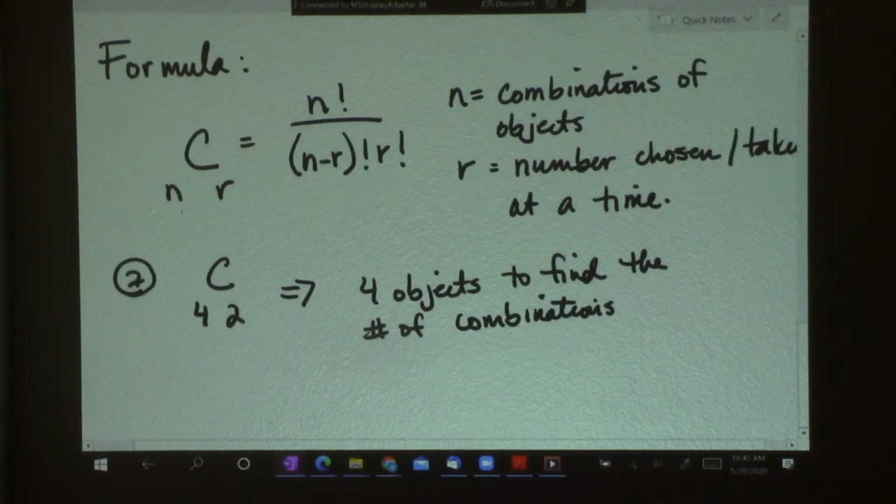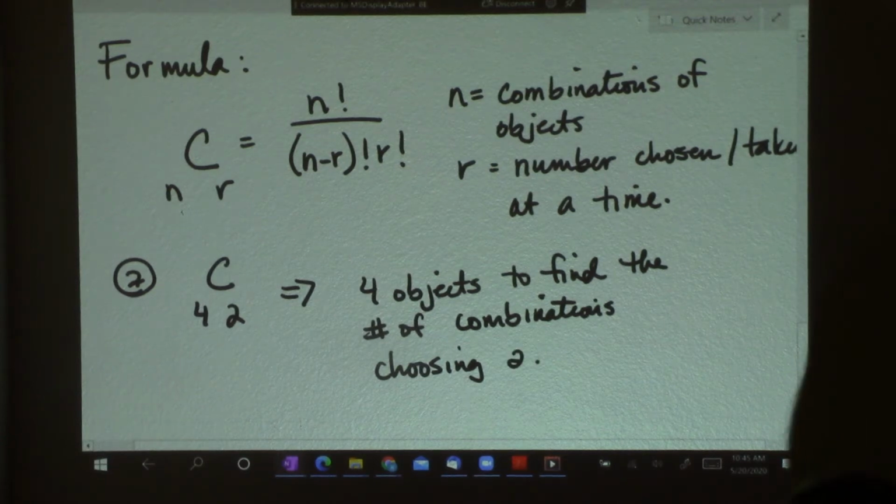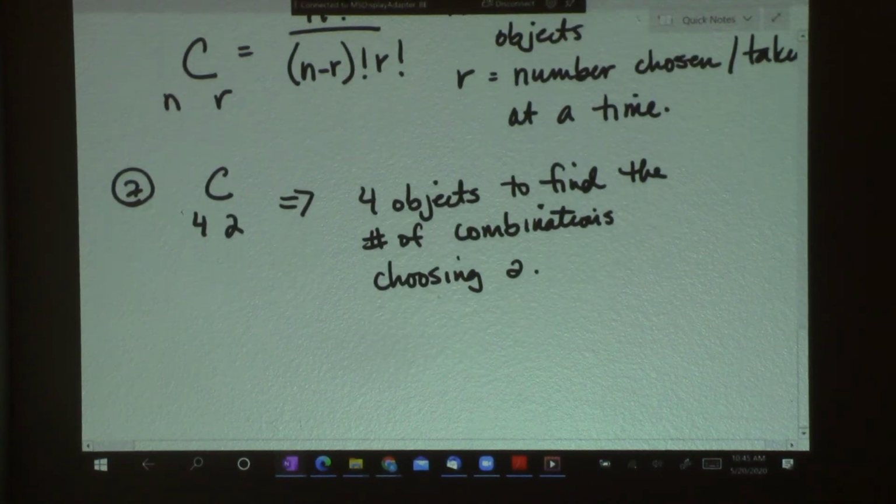And I am choosing 2. All right? That's what it means. Now let's solve it.